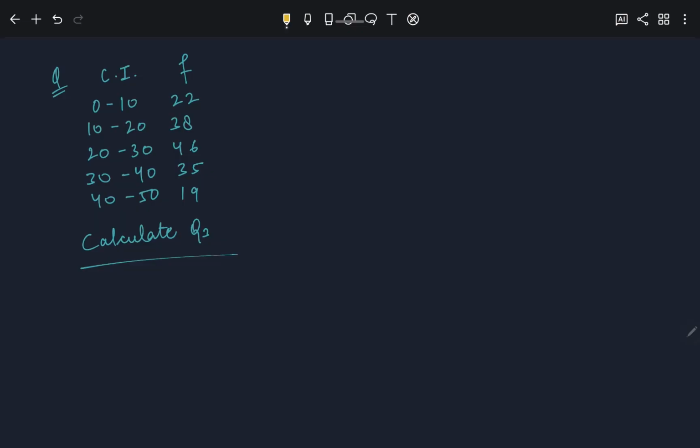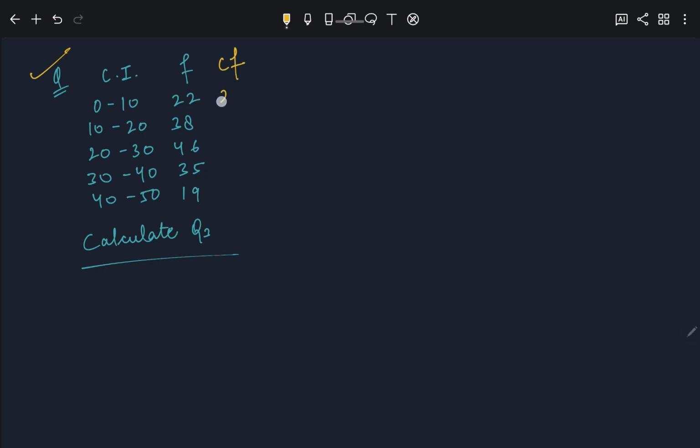We have this question for our continuous series. Class intervals are given and frequencies are given. So again we have to calculate cumulative frequency. How do we calculate cumulative frequency?